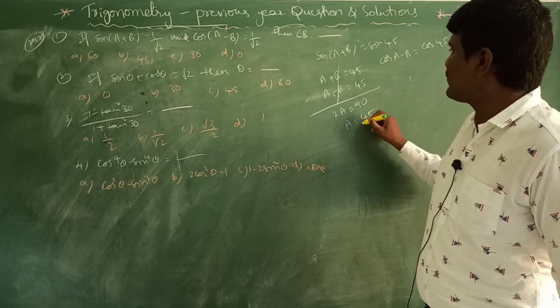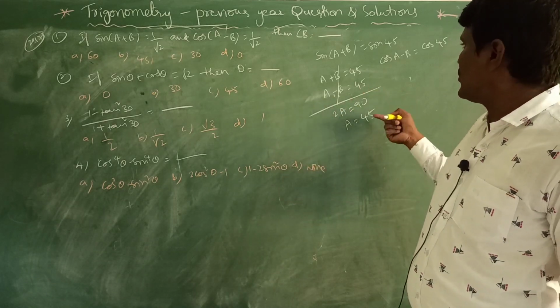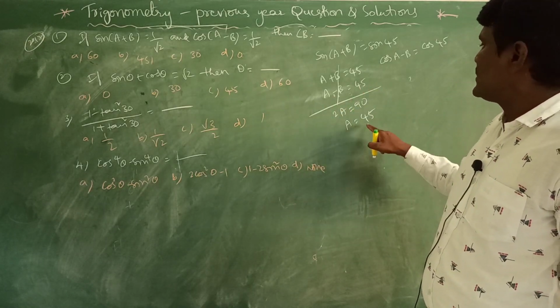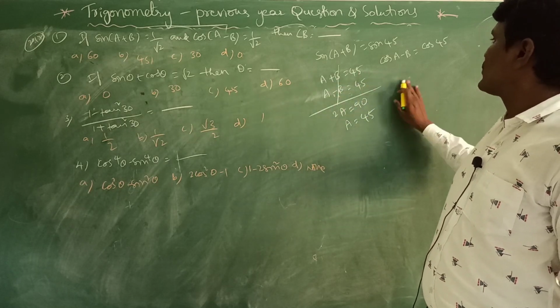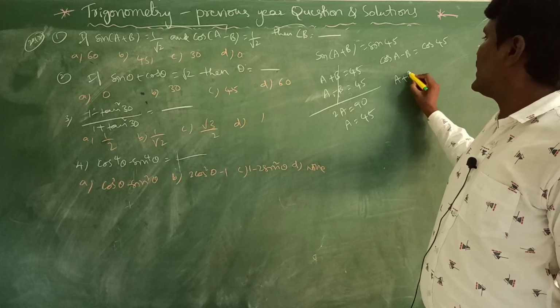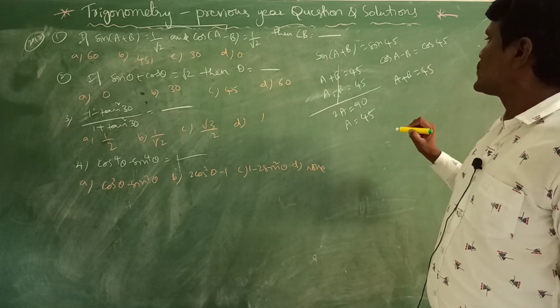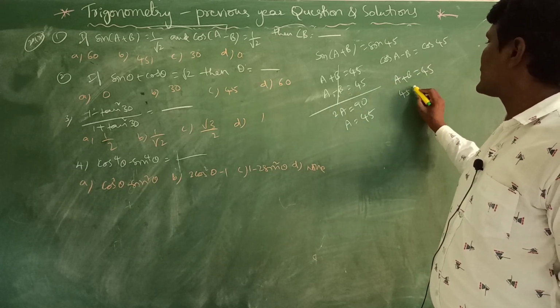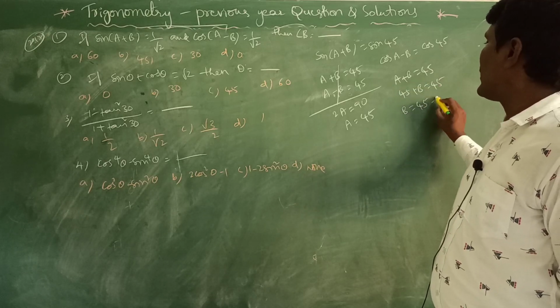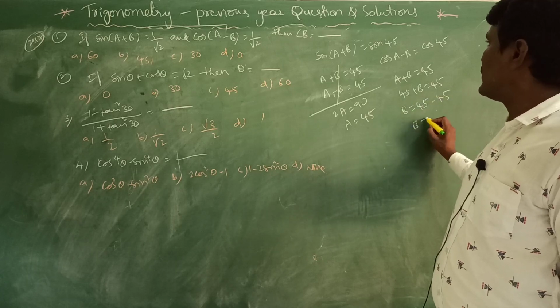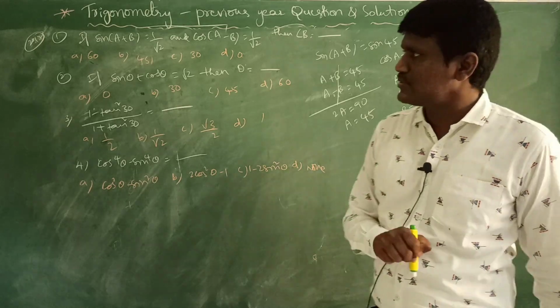So if A is 45, what about B? If A is 45, and A+B is equal to 45, so if you substitute here, 45 plus B is equal to 45. B is 45 minus 45. B value is 0. Right?